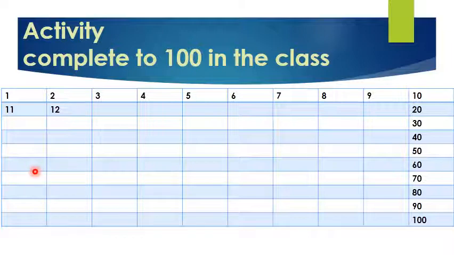I have done some part for you, and for the places that you might find difficult to move to the next number, I have also made that easier for you by providing your tens. You can see them at the left hand side: 10, 20, 30, 40, 50, 60, 70, 80, 90, and 100. So pick up your pen and your writing material and write down from 1 to 100.